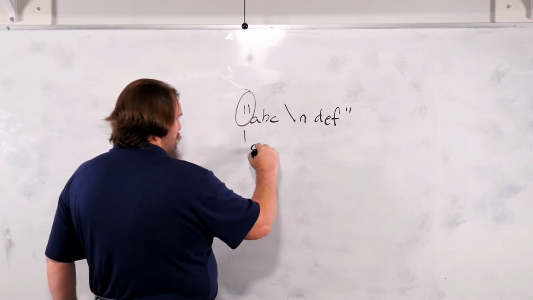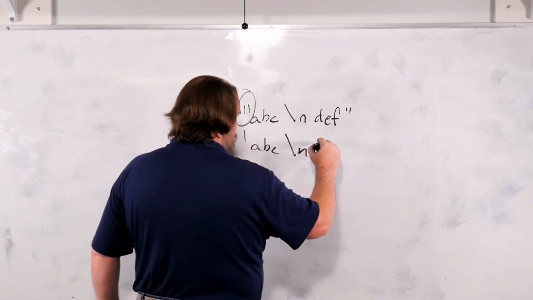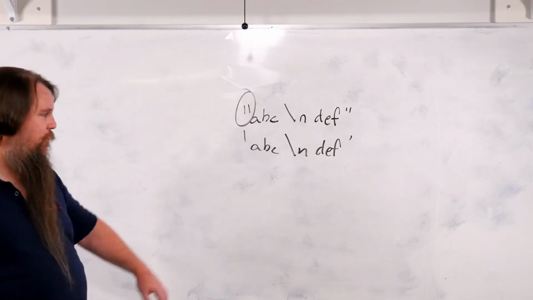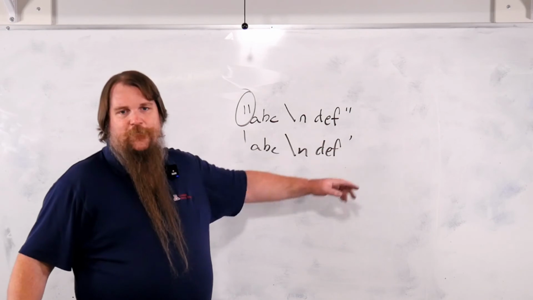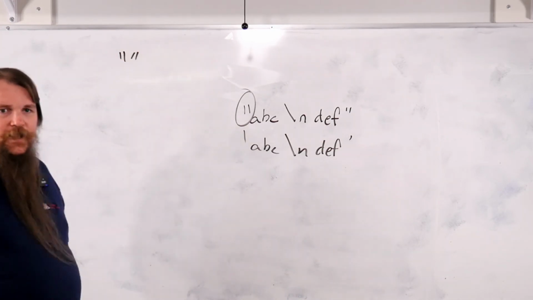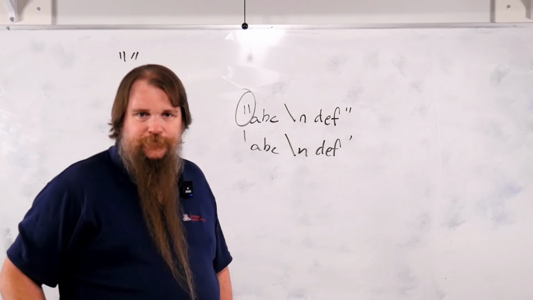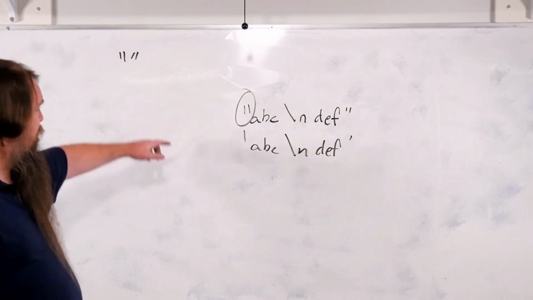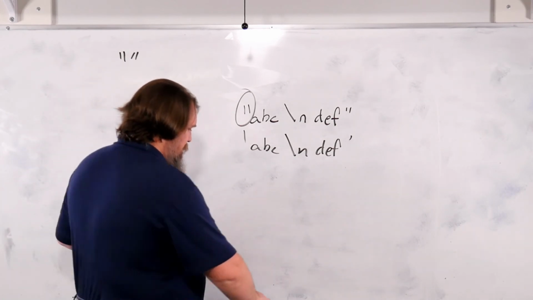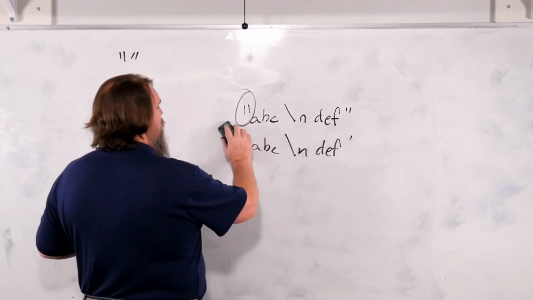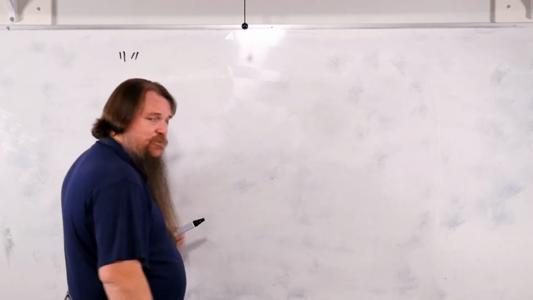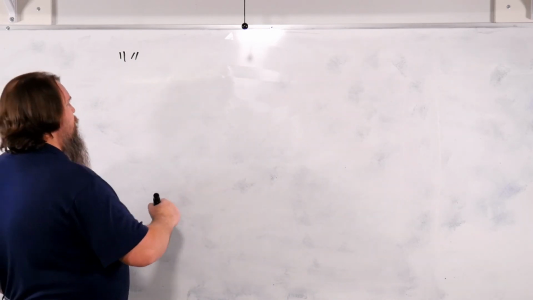We could do single quote, ABC, new line, DEF, single quote. If we have just two quotes next to each other, what does that mean? That means an empty string. But if you put three quote characters all in a row, then you're in a special type of string. You're in a string that allows new lines in the middle.